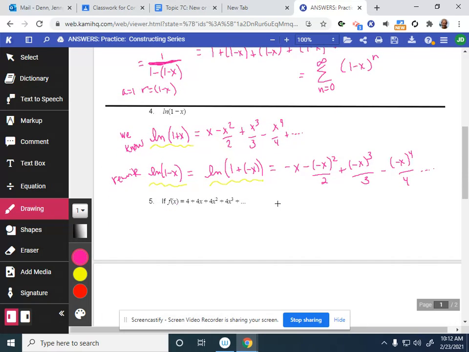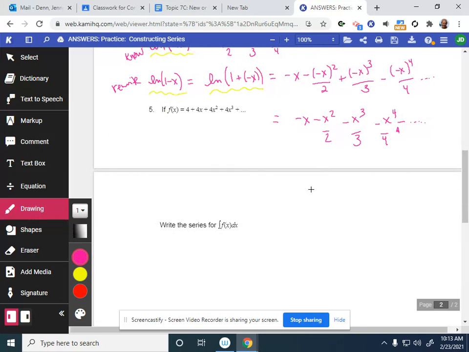which I will reduce to negative x. This will become a positive x squared, but we're still minus. This will become negative x to the third. This will become positive x to the fourth, but we're still minus. So notice my terms do not alternate. So my general term for this is not going to have an alternator.